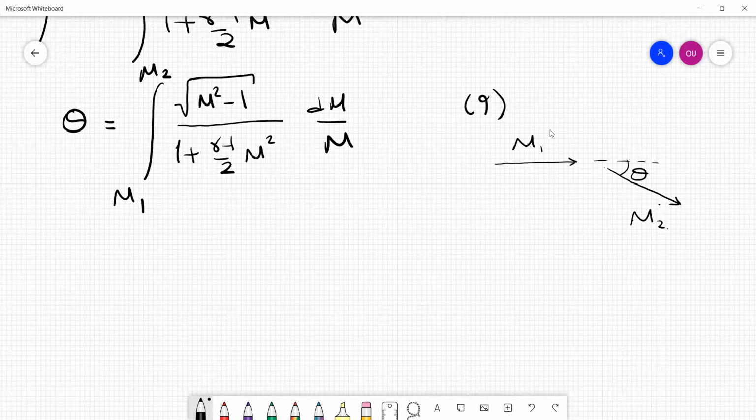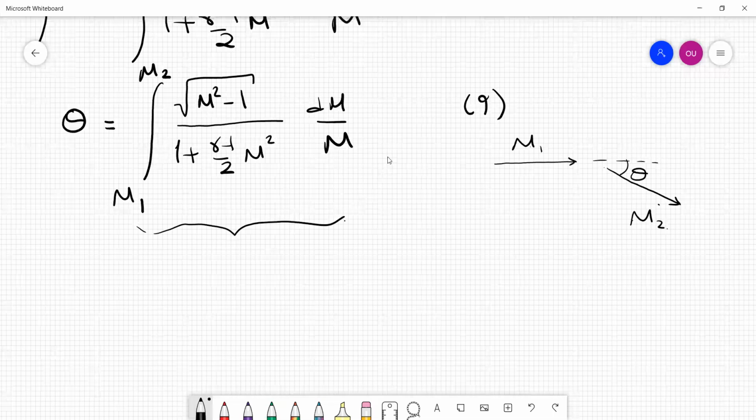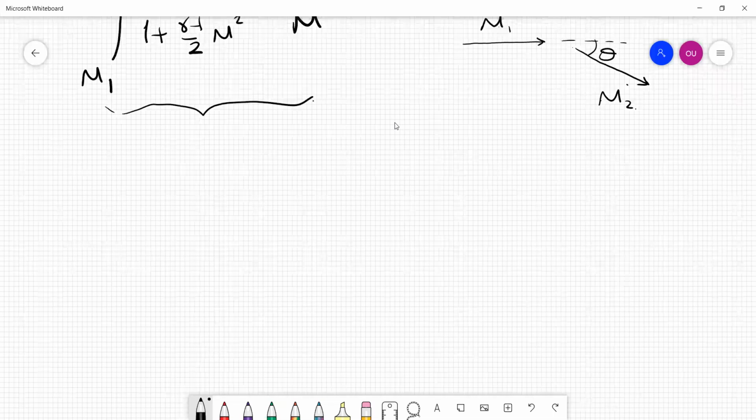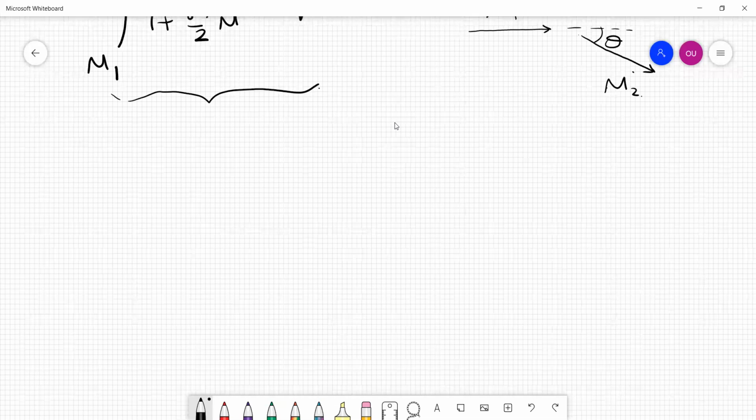Now, this actually the entire right-hand side here is known in compressible aerodynamics, and is represented by the Greek letter nu.